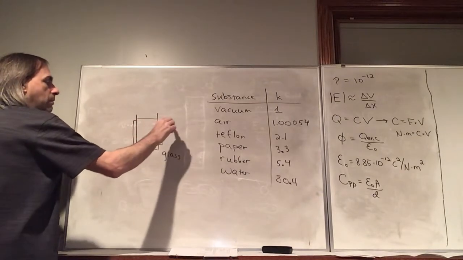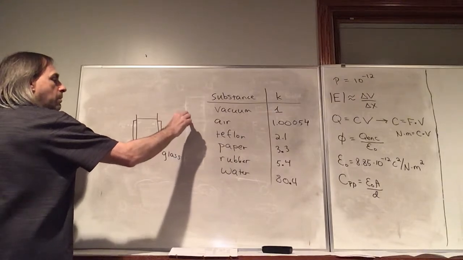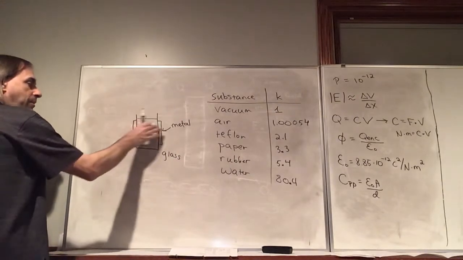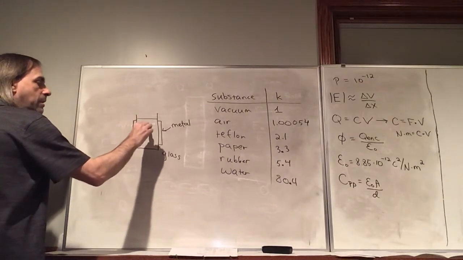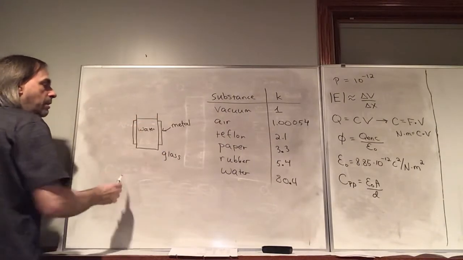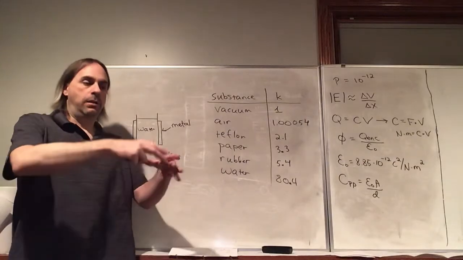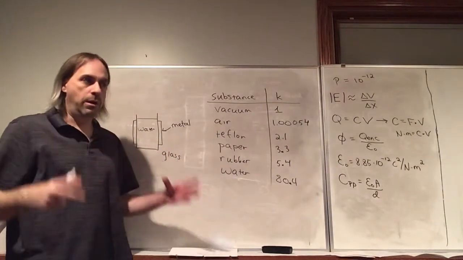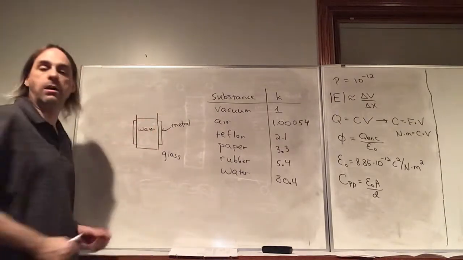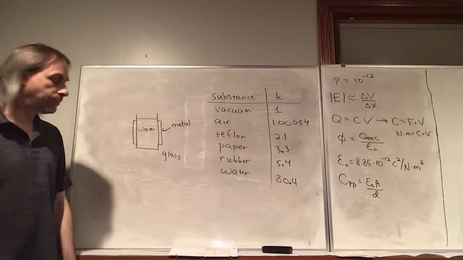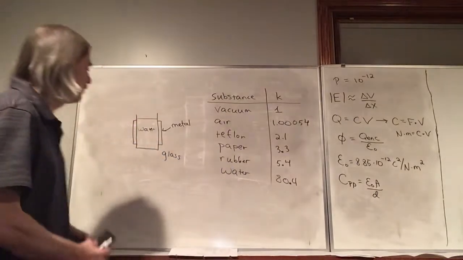So this is metal surrounding this glass. You have to have an insulating material like glass between them. But basically you have water inside, then an insulating layer, and then a metal conductor. So you have a conductor, an insulator, and a conductor. This is a capacitor.